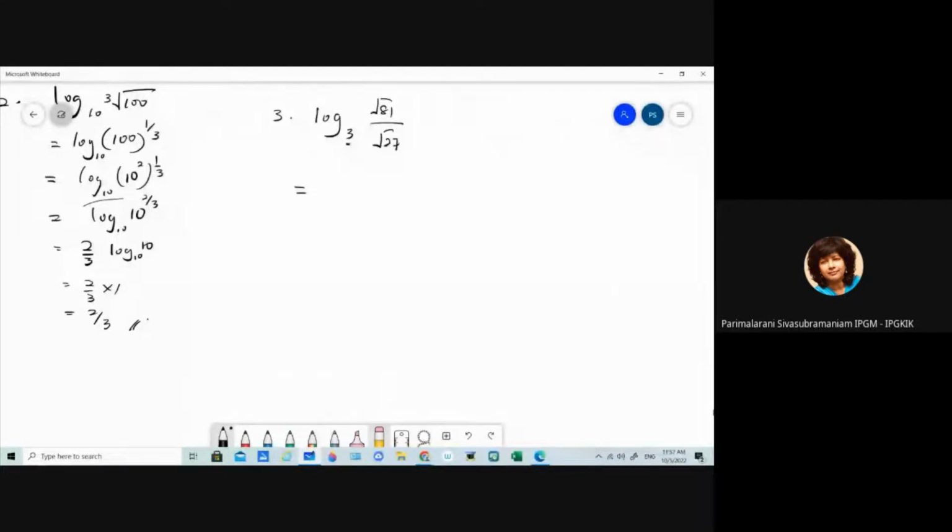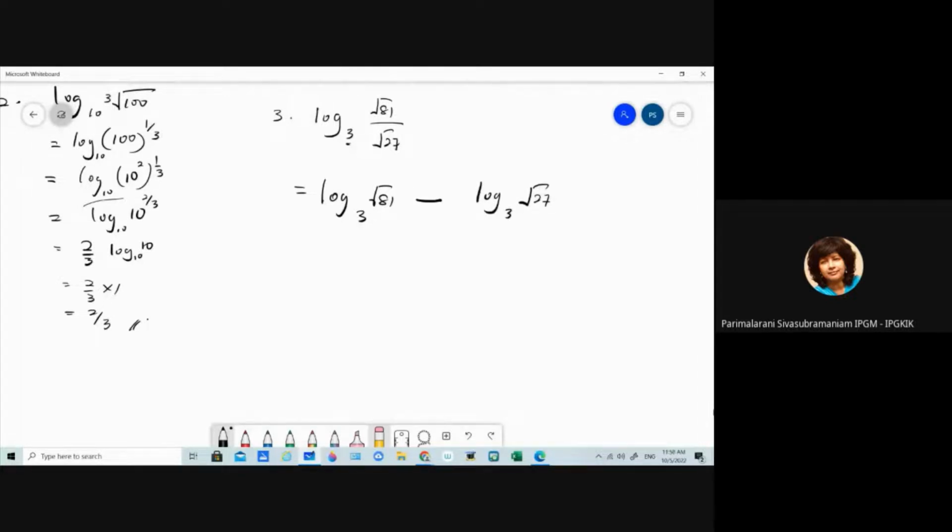So we have log of a number divided by a number. Using the log rule, we can expand this as log root 81 base 3 minus, because it's divide, so it becomes minus log root 27 base 3.